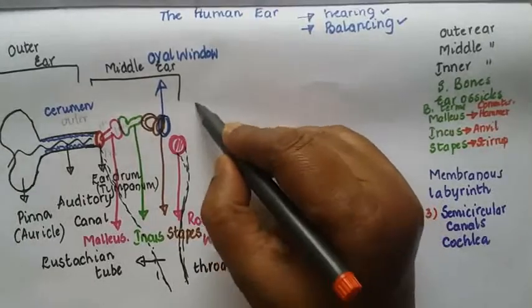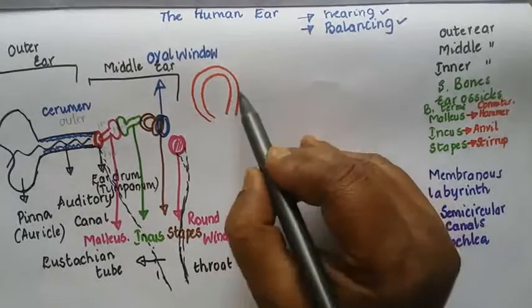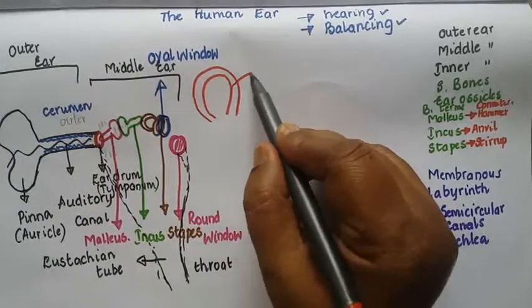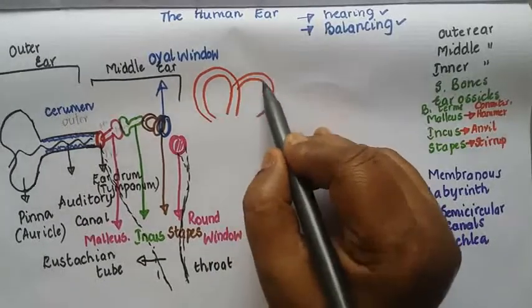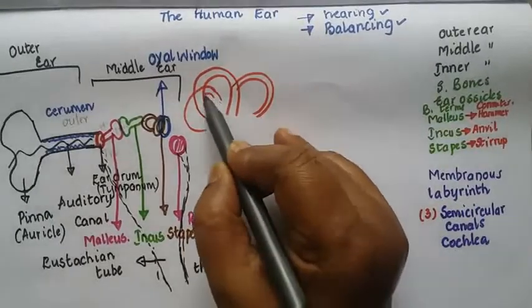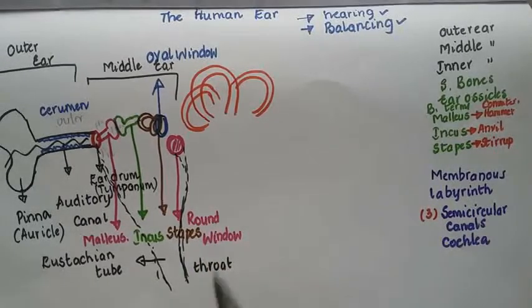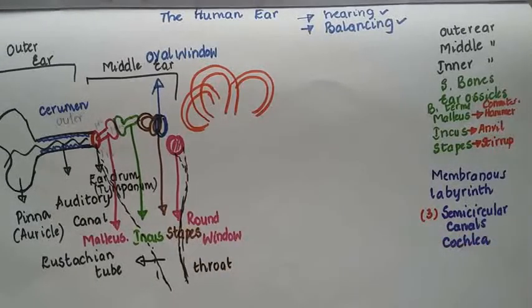So in the inner ear, we find three canals which are semicircular in shape, known as the semicircular canals, which are at right angles to each other. Now what is the meaning of right angles to each other?